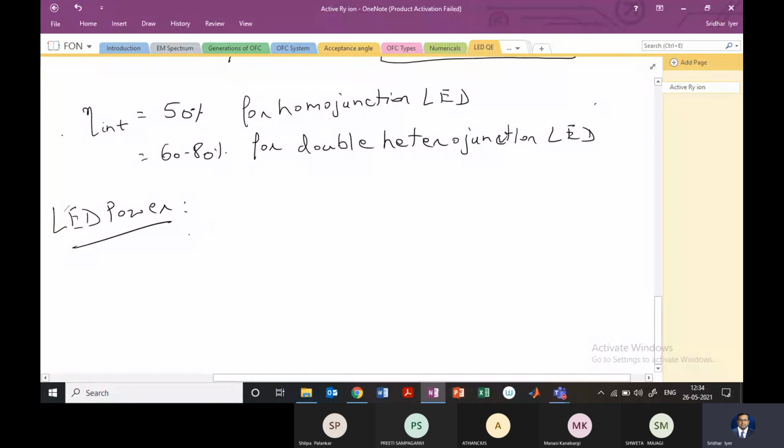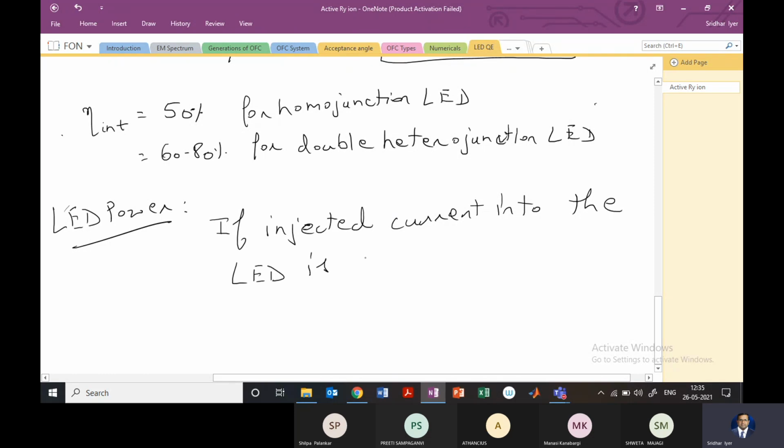For this, let's say the injected current into the LED is denoted as I. Now R_R plus R_NR, the recombination rate, will be nothing but I, the current, divided by Q. How does this come?